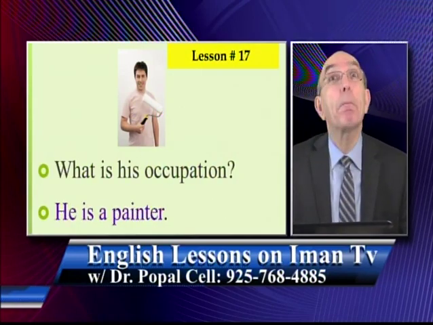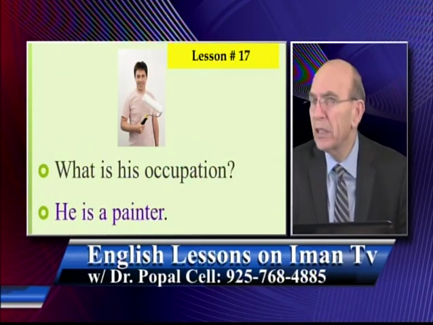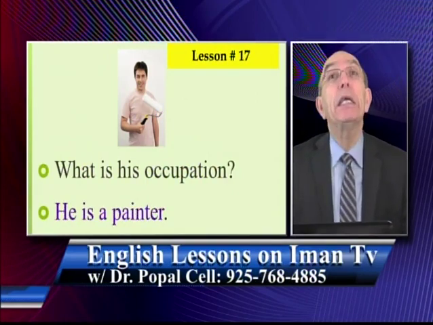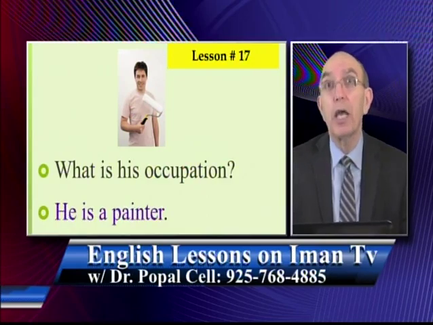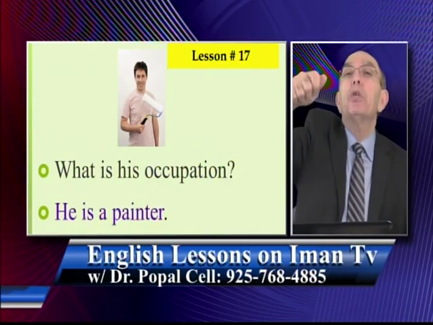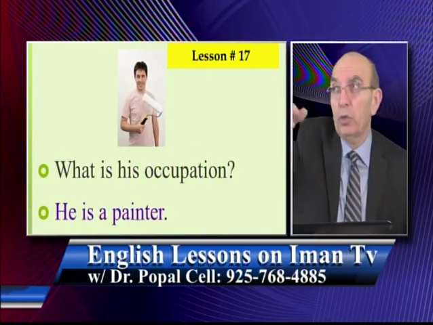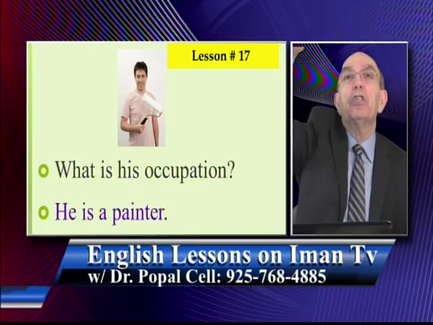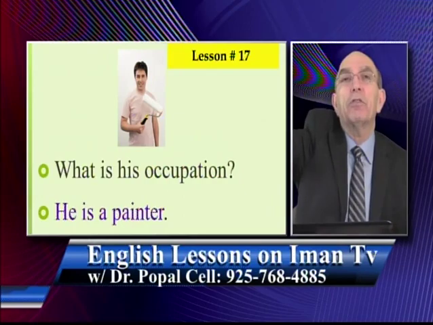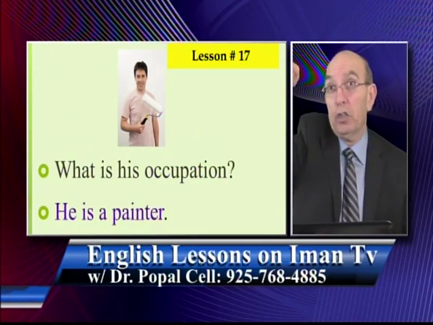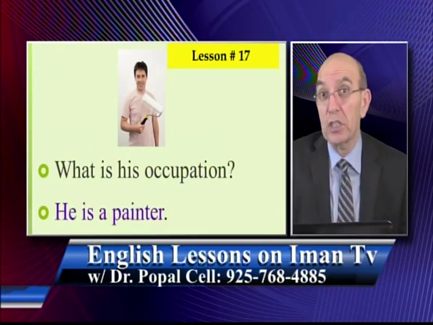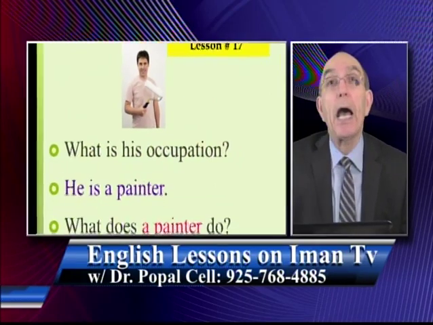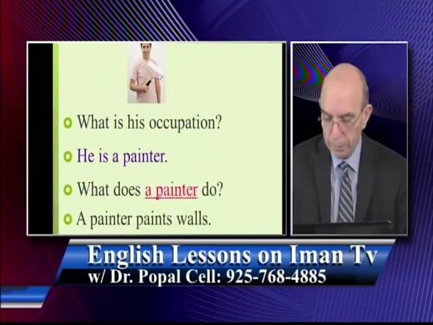He is a painter. What does a painter do? A painter paints walls. Painter is also somebody who draws pictures. People that they have special talent, that they look at the mountain and they draw the picture of the mountain. Or they look at the person and they draw the person's picture. That's also called what? A painter.